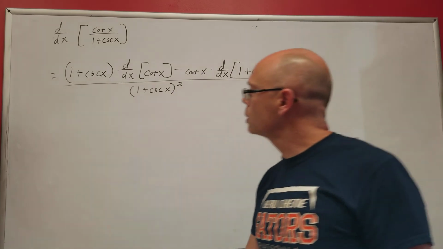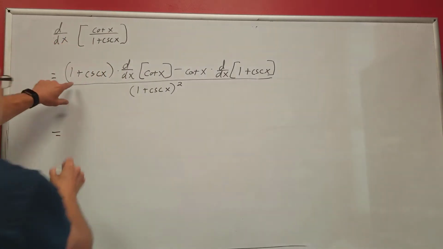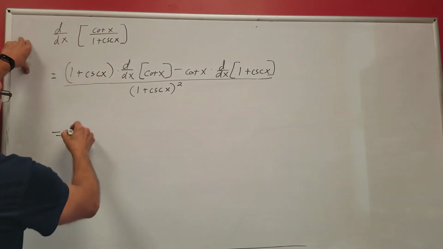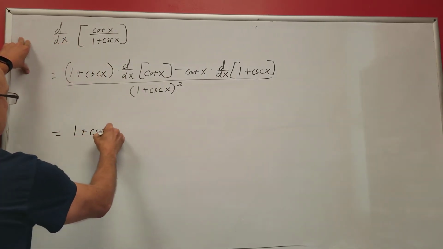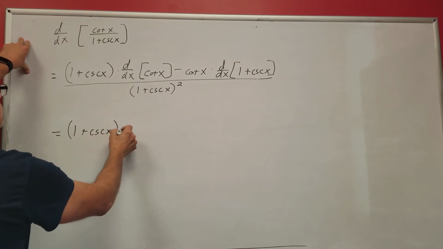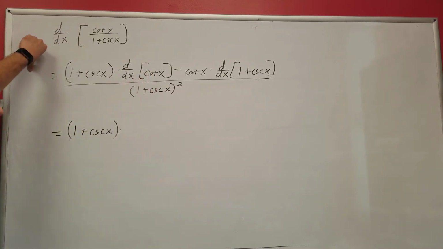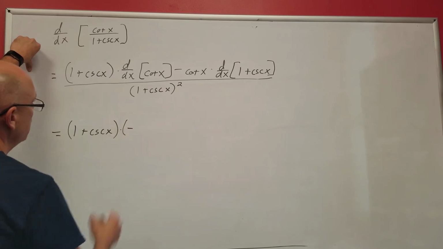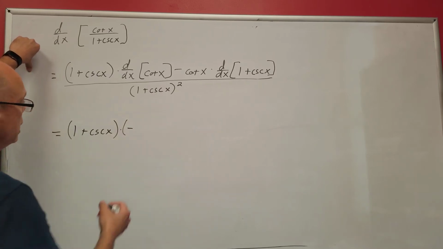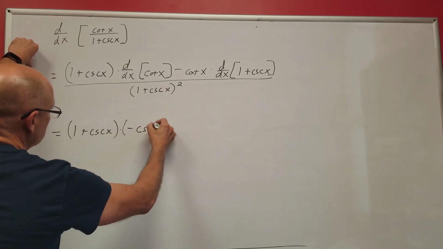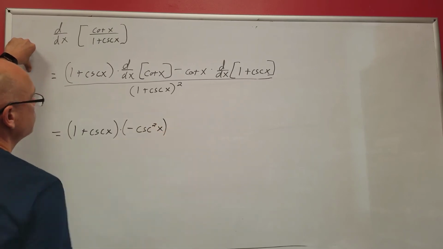All right, let's keep going. 1 plus cosecant comes down. How about our derivative of cotangent? It's going to be a negative, right? What's the derivative of cotangent? Cosecant squared, right?